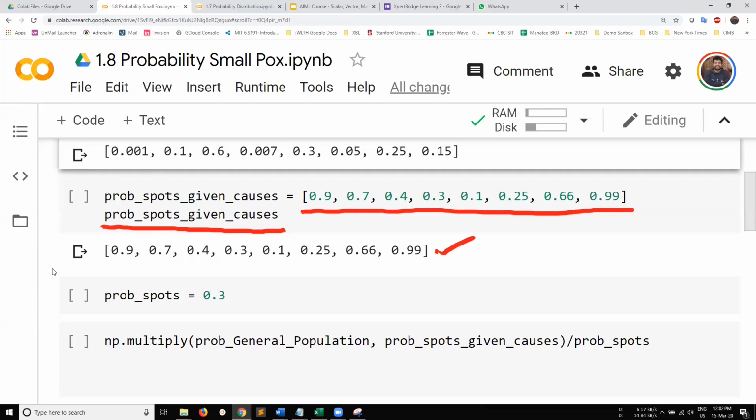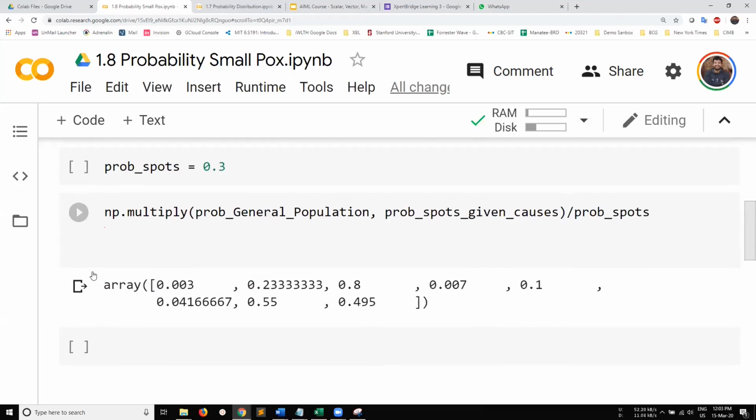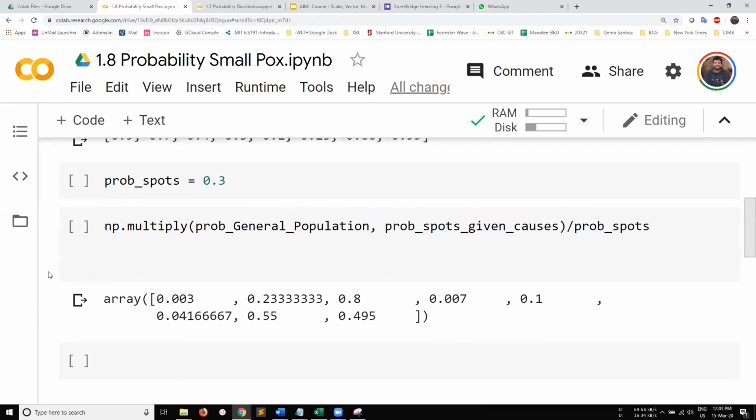Then the third element that we needed was the probability of the spots in the general population, and that was 30%, which we had also used in the Excel. Now I have all the three ingredients which we can put into the Bayes theorem.